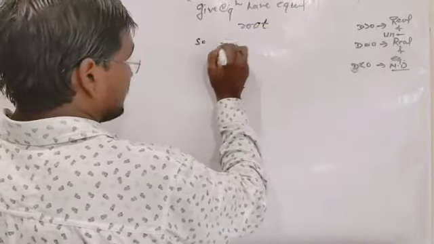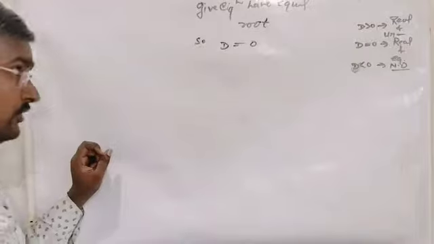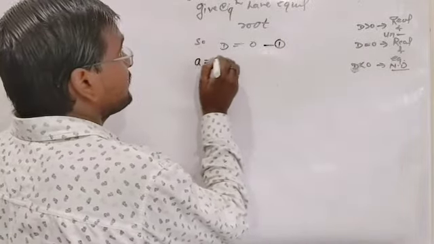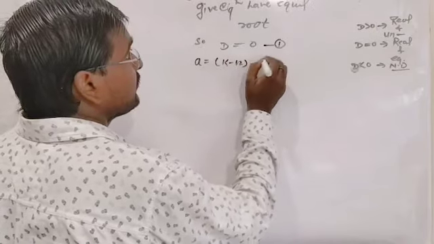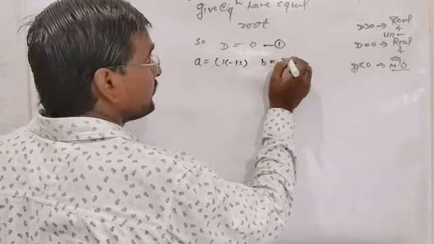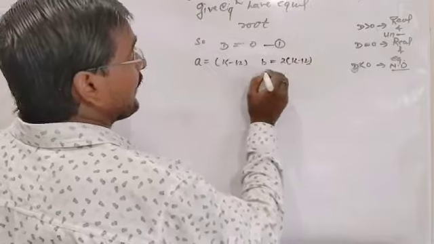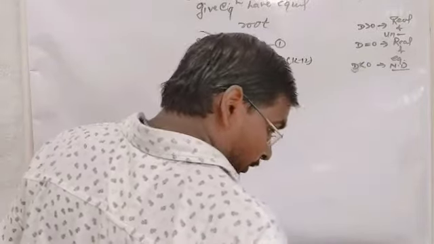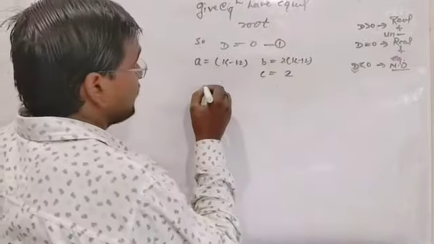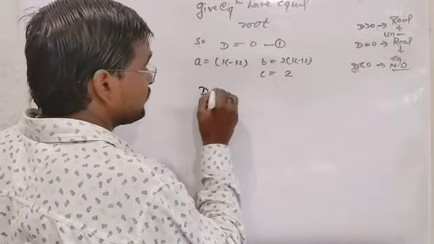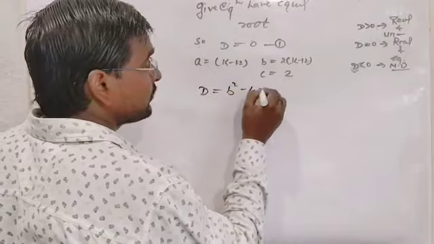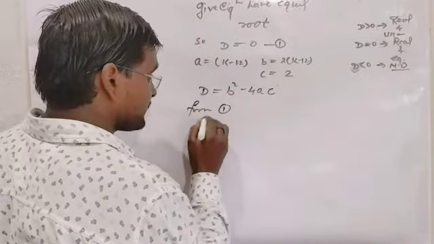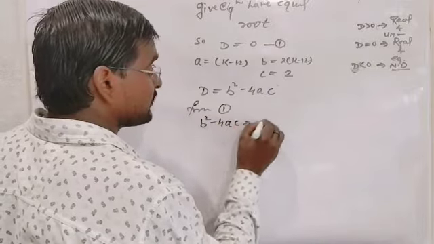So the discriminant d is equal to 0. This is equation number 1. Obtain the values: a is equal to k minus 12, b is equal to 2 times bracket k minus 12 and c is equal to 2. d is equal to b square minus 4ac, and according to equation 1, b square minus 4ac is equal to 0.